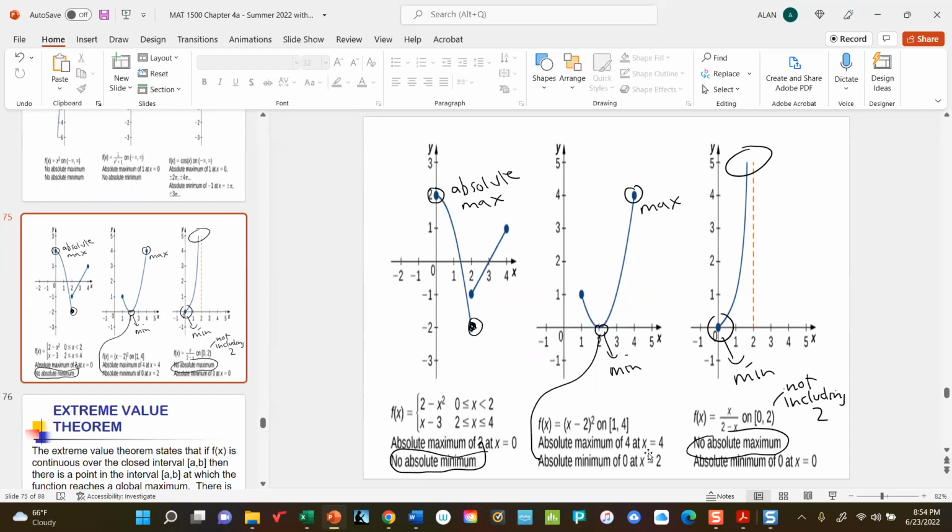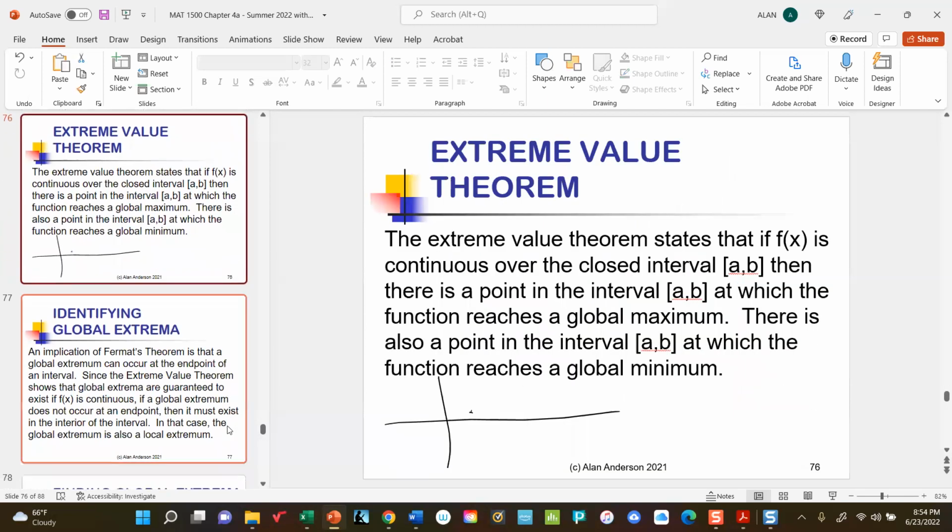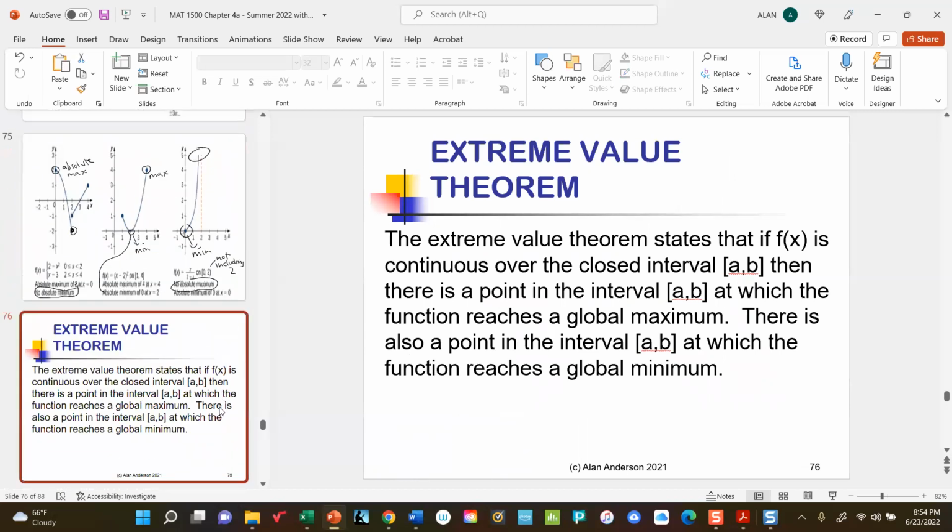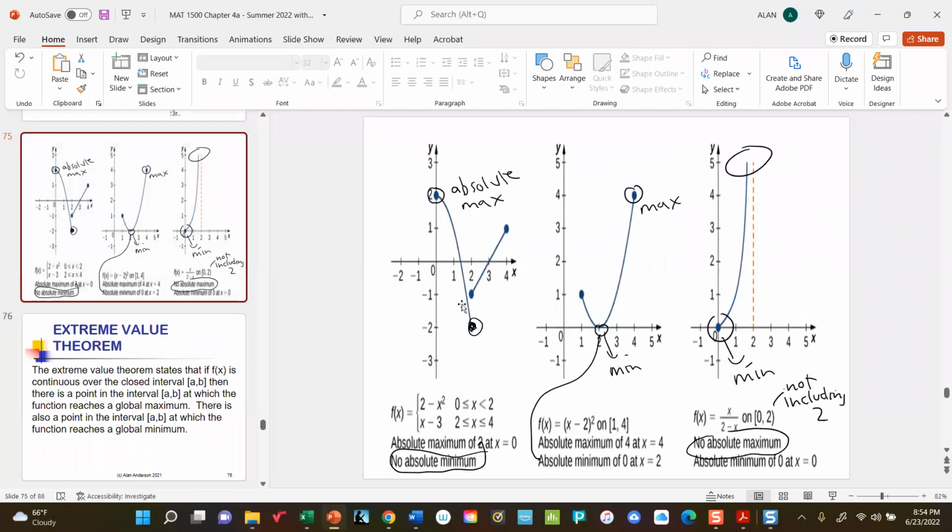So what this theorem is essentially saying is that if the function is continuous and defined over a closed interval, then we're guaranteed that somewhere in that interval, we will find a global maximum and a global minimum, as long as it's defined and it's continuous. Now, you see here, for example, the function fails because it is discontinuous.